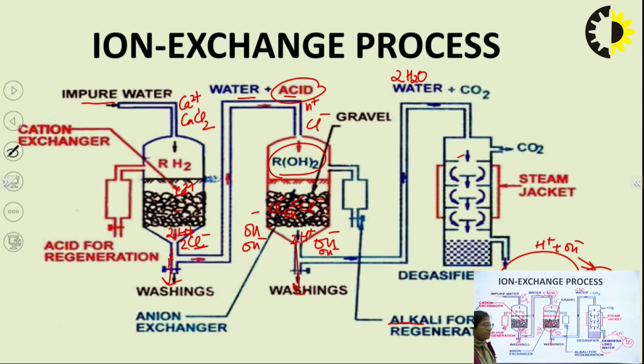As a result, alkali is going to get generated, and this alkali has the capability of destroying the cation exchanger. If you pass the water containing cations and this hydroxide, these hydroxides are going to destroy the acid bed or the cation exchanger bed. So therefore, we always pass this water through the cation exchanger first and then through the anion exchanger.